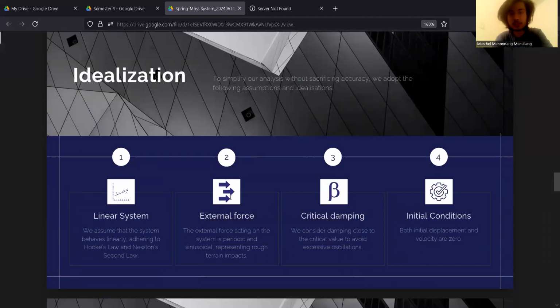And for the idealization, to simplify our analysis without sacrificing accuracy, we adopt the following assumptions. The first one is planar system. We assume that the system behaves planarly, adhering to Hooke's law and Newton's second law. The external force acting on the system is periodic and sinusoidal, representing rough terrain impacts.